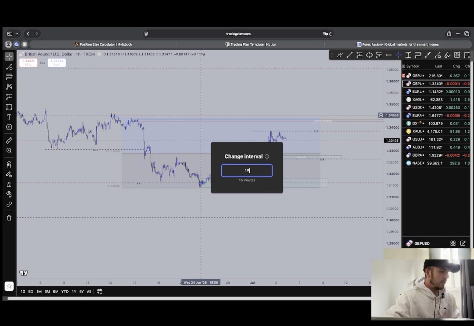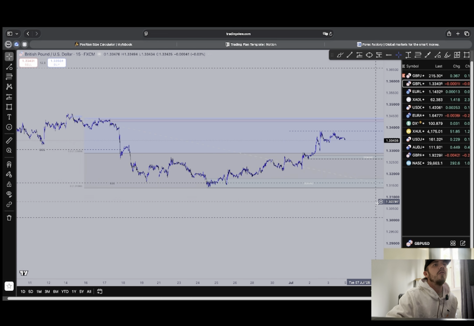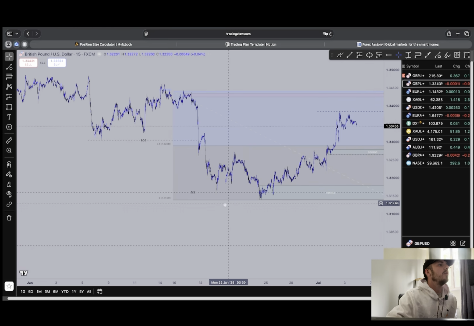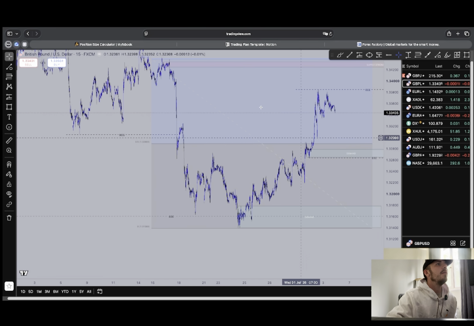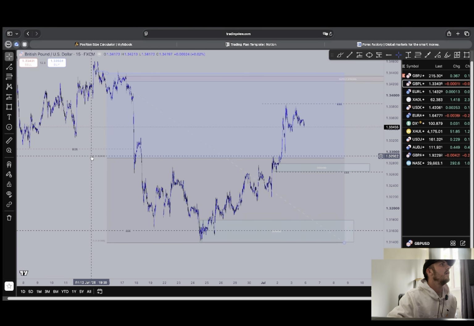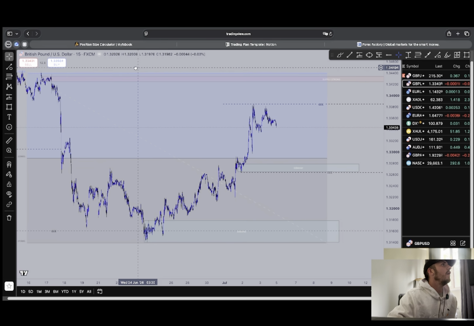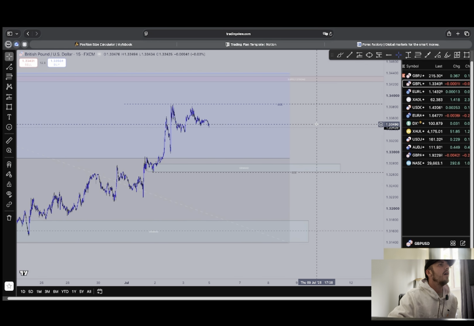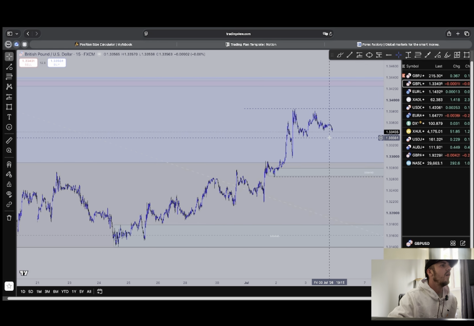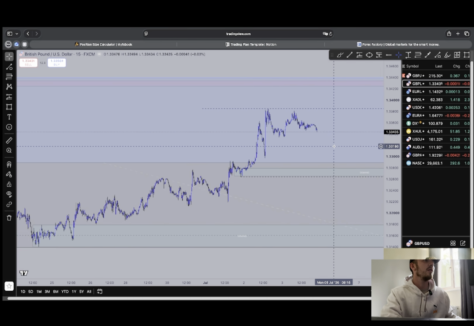So that's our analysis. These are the medium time frames that I'm using. I use 4 hours for my bias for the day, 1 hour and 15 minutes for my medium time frames, and 5 minutes and 1 minute for my entry points.